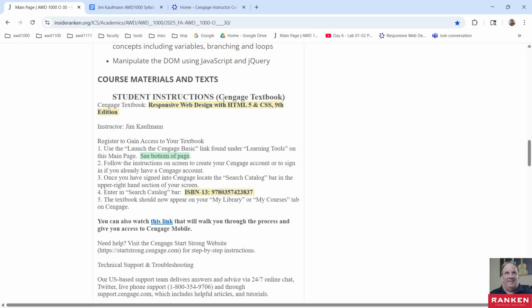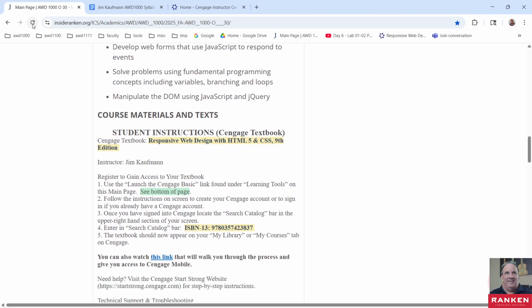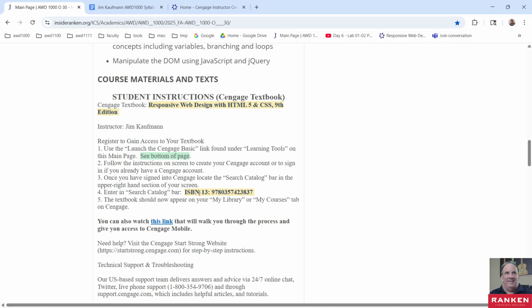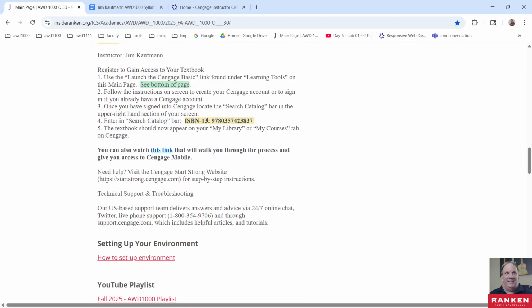So this is for your Cengage book. Basically, if you haven't already gotten your book, what you're going to want to do is this. I'm going to change this page as well. I thought this was updated, I guess not. I want to add the other book.